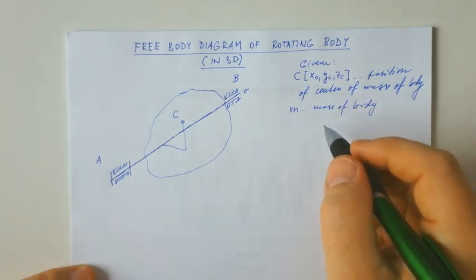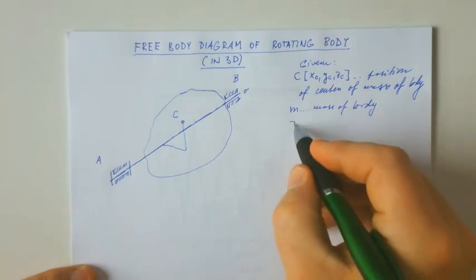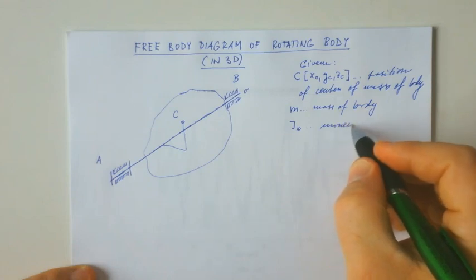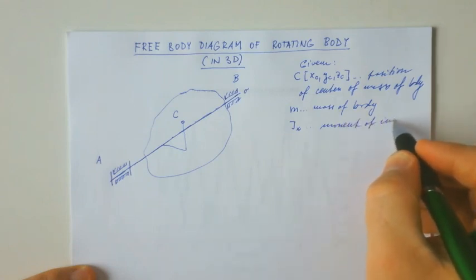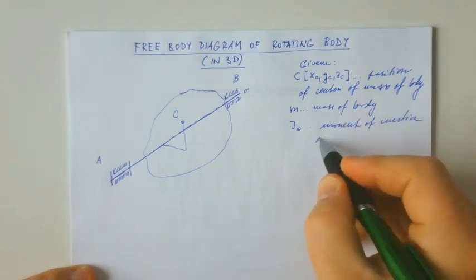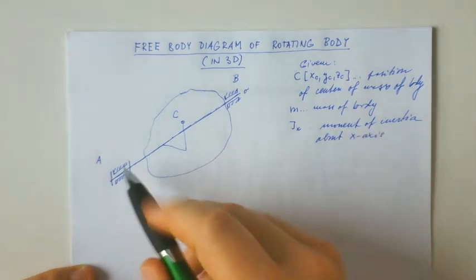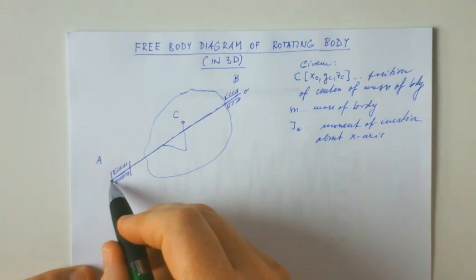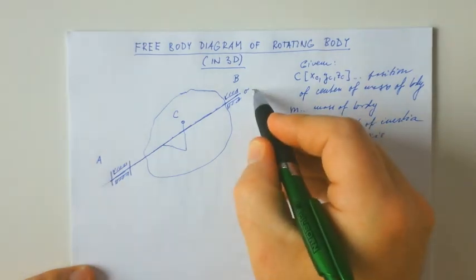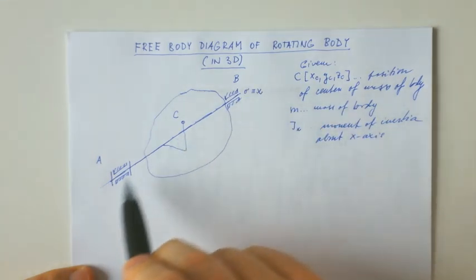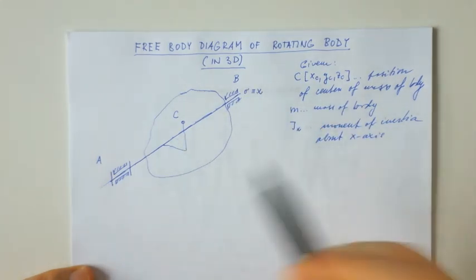We know the moment of inertia Jx about the x-axis, and we will make this axis equal to O. So this is the x-axis of the coordinate system.